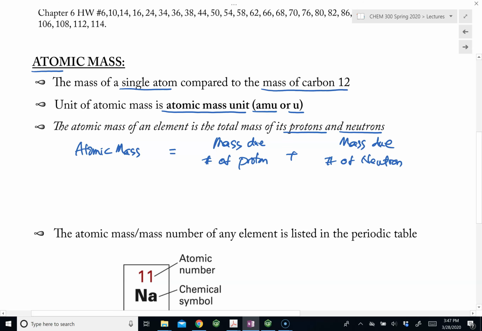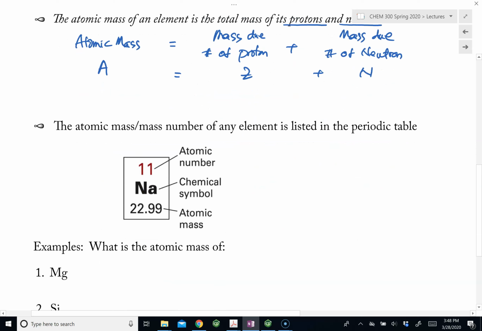We do not care about the mass of the electrons, since the mass of the electron is really insignificant compared to the mass of the proton and the neutron. And the symbol for the atomic mass is A, which is then equal to Z plus N, where Z is the number of protons and N is the number of neutrons.